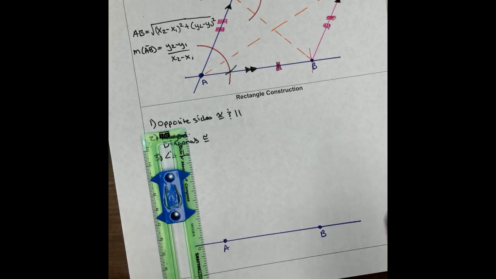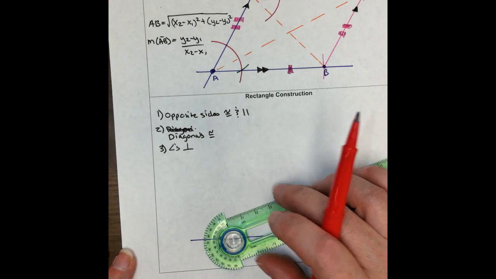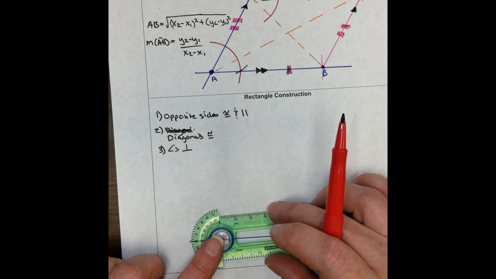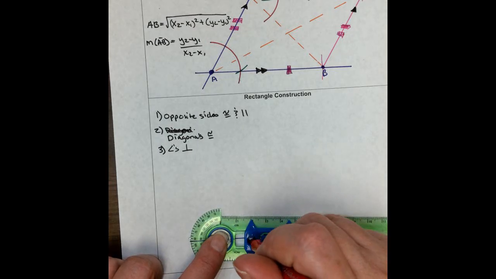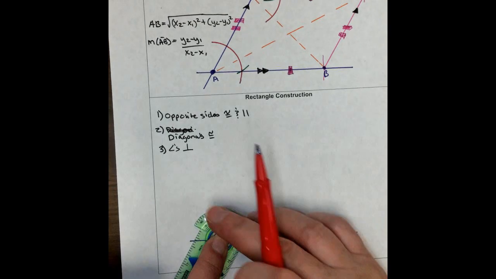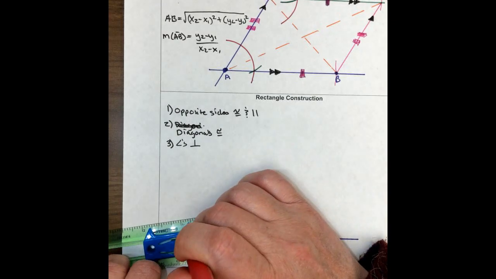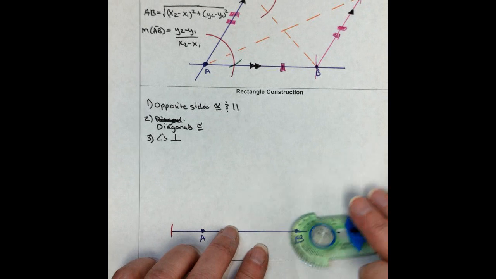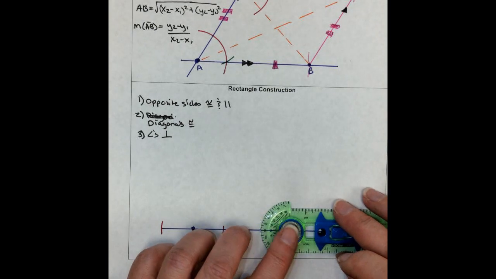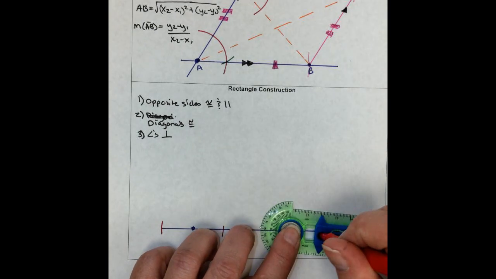So that means that I'm going to create perpendicular lines to A and B. As you could guess, I'm going to put my compass at 2 because I like 2. And I'm going to create 2 tick marks on both of these because I'm creating 2 perpendicular lines here.